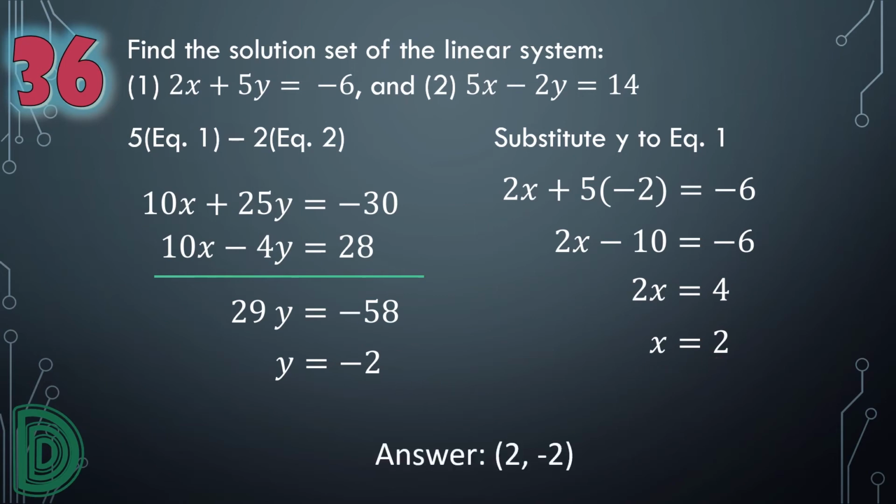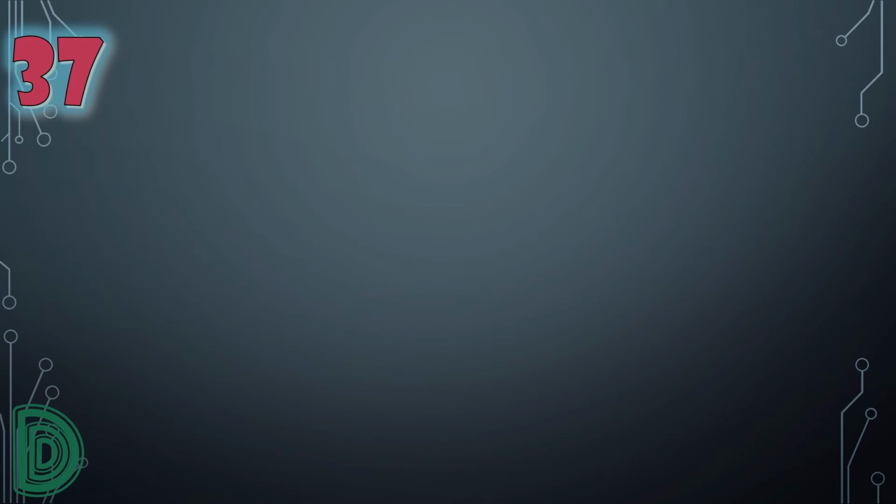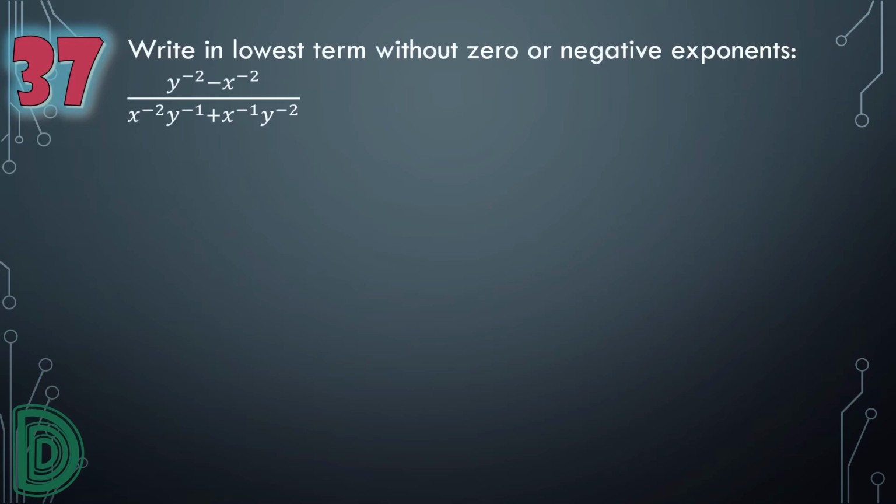37. Write in lowest terms without zero or negative exponents: y raised to negative 2 minus x raised to negative 2, over x raised to negative 2 times y raised to negative 1 plus x raised to negative 1 times y raised to negative 2.